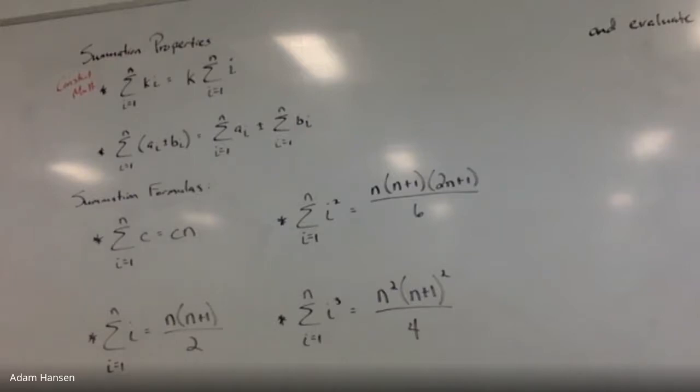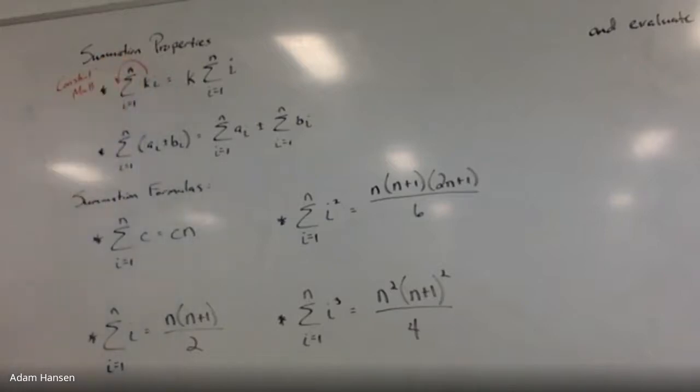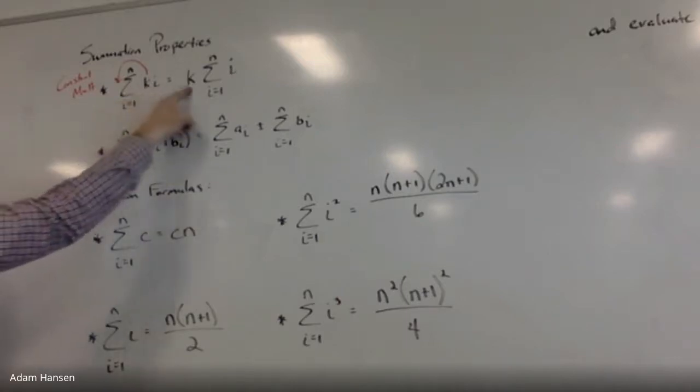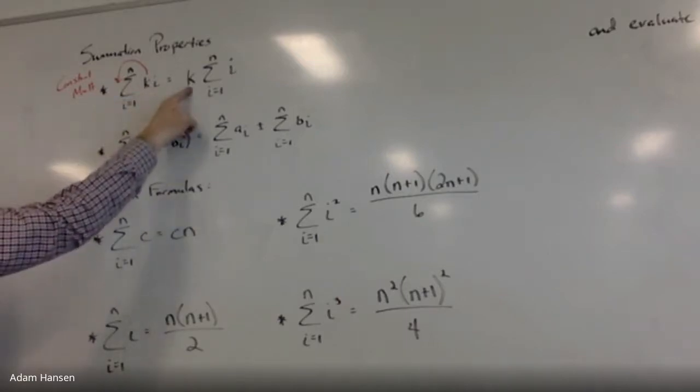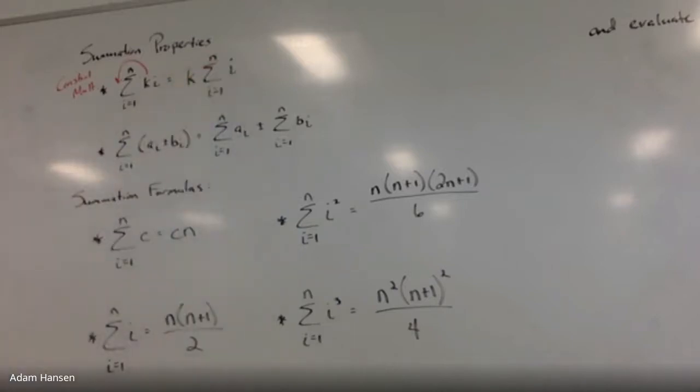The summation from i equals 1 to n of a constant k times i can just factor that constant out. Take the k, multiply it out in front of the summation. The summation from i equals 1 to n of k times i is equal to k times the summation from i equals 1 to n of only i. Similar to a constant multiple rule.